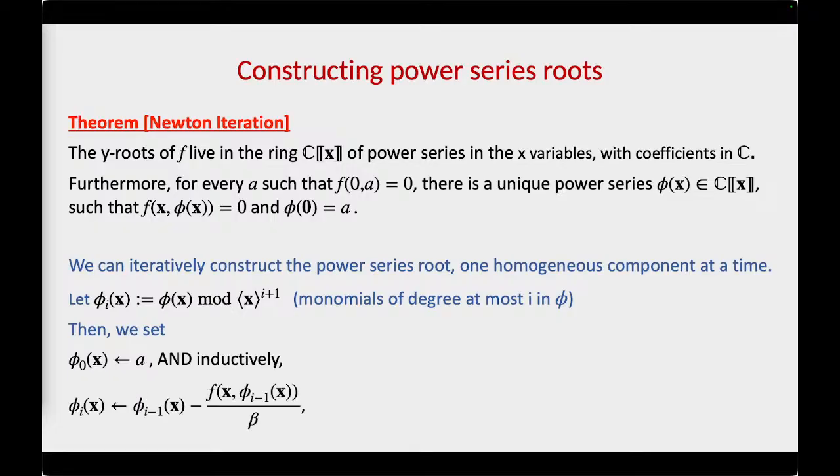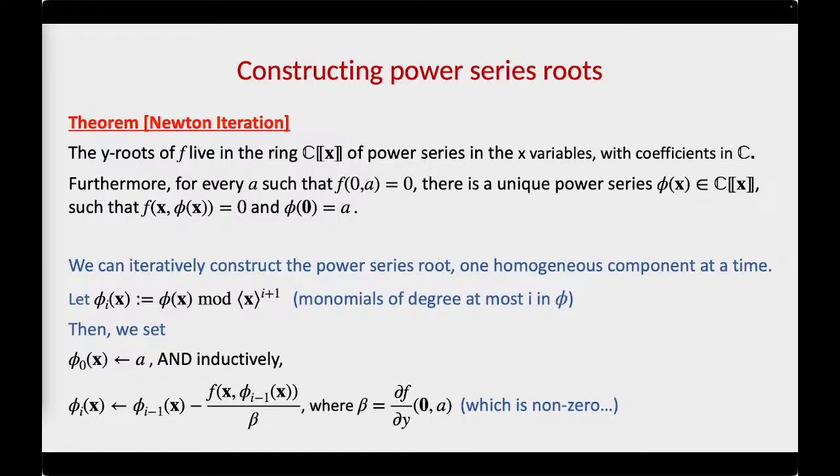Inductively we set phi sub i to be phi sub i minus 1 minus f of x comma phi sub i minus 1 over beta. What's beta? Well, beta is the y derivative of f evaluated at 0 comma a. Okay, so let's just stare at the form of phi sub i. So phi sub i takes phi sub i minus 1 and then plugs it into f and gets something and scales and adds. That's what's happening.